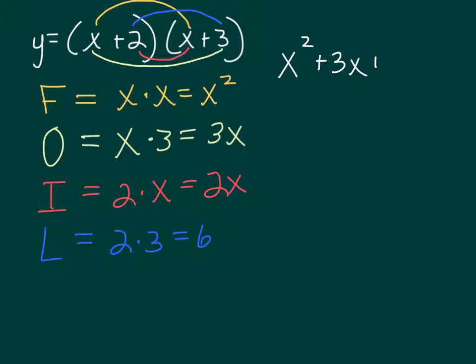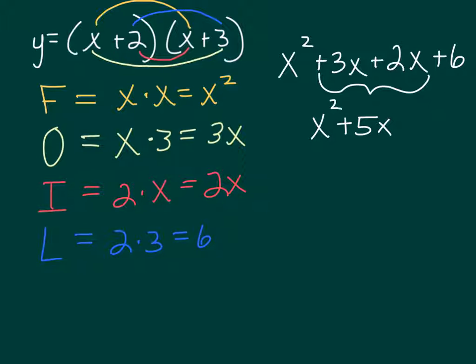So I'm putting in here the appropriate signs according to the values that we discovered when we did our distributive process, because we need to have an expression that comes out of here. We also can combine the 3x and the 2x, because those are like terms, and we'll get a positive 5x. So we have x squared plus 5x plus 6, and that all equals y.